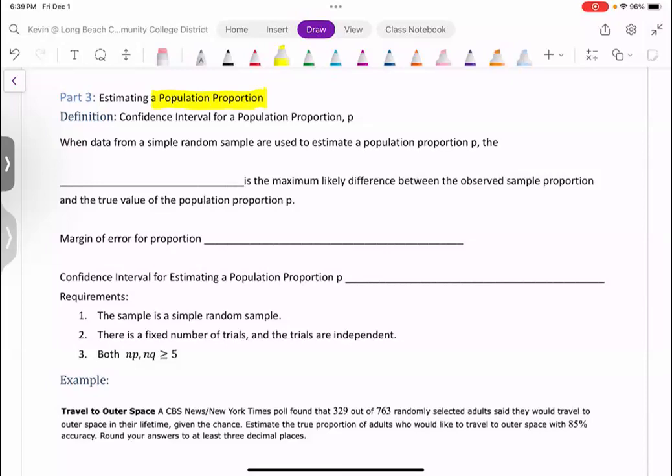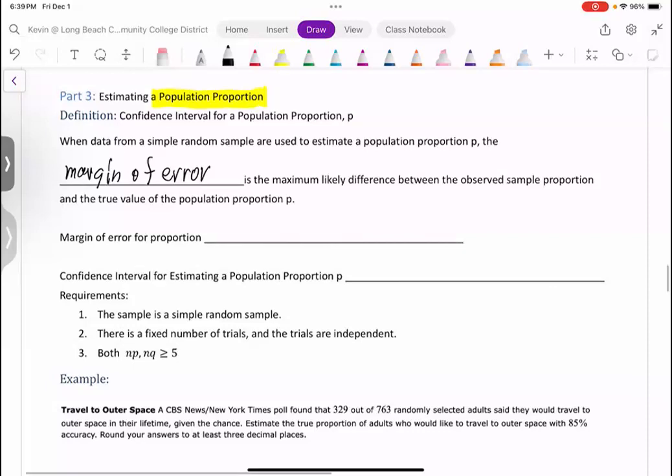Definition, confidence interval for population proportion P. When data from a simple random sample are used to estimate a population proportion P, the margin of error, referred to as capital E usually, is the maximum likely difference between the observed sample proportion, in this case that's p hat, and the true value of the population proportion, which is just p.